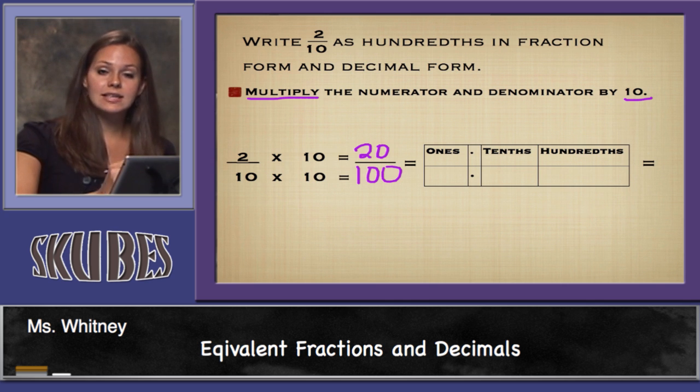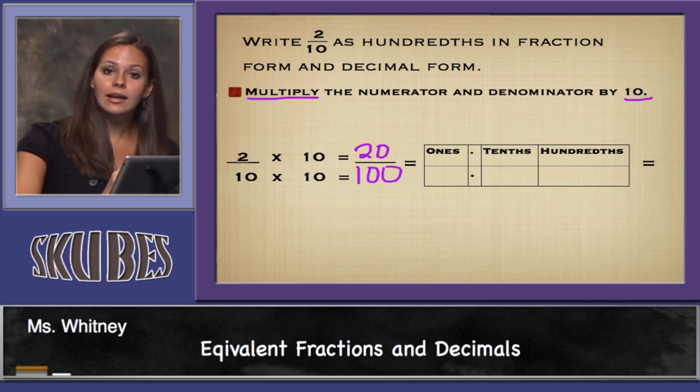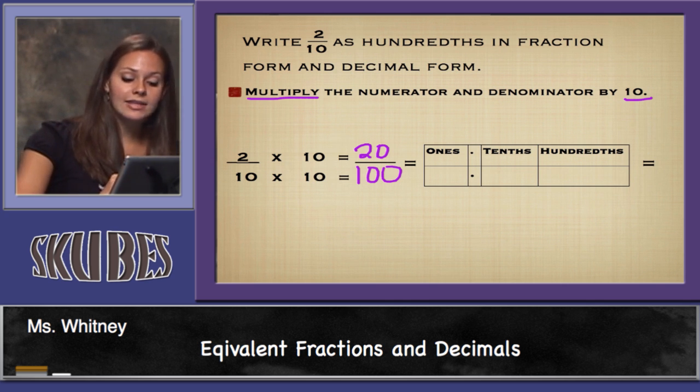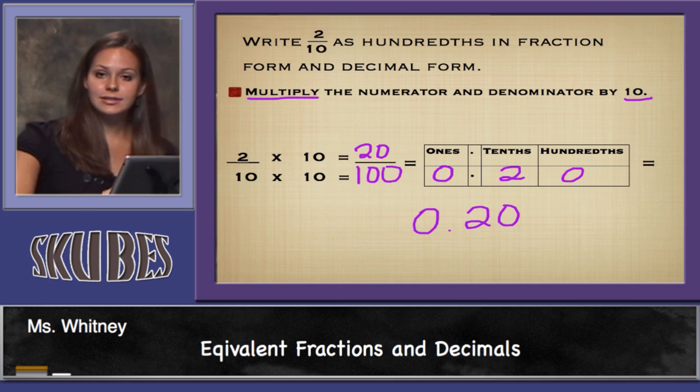So 2/10 is equivalent to 20/100. We write this as a decimal, 0 decimal 2 0 to show 20/100. And that concludes our lesson on equivalent fractions and decimals.